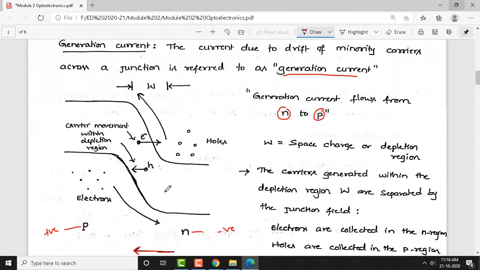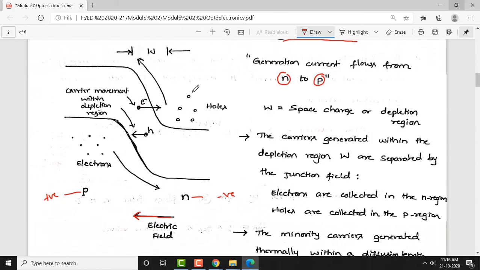Whenever minority carriers come close to the depletion region, they are swept by the electric field. Holes are swept into the p region, and whenever electrons come near the depletion region, they are swept into the n region.